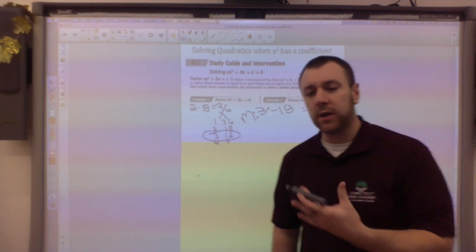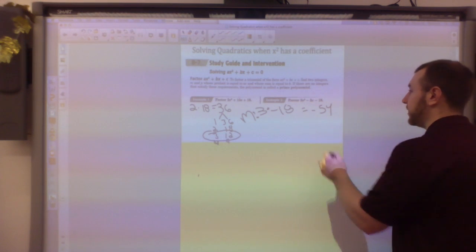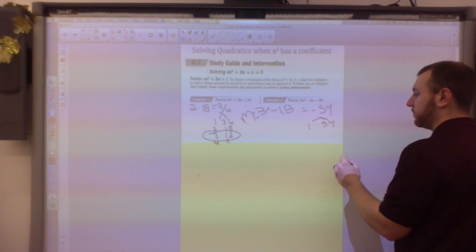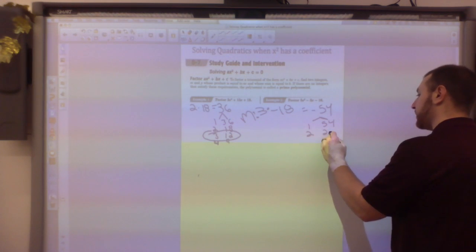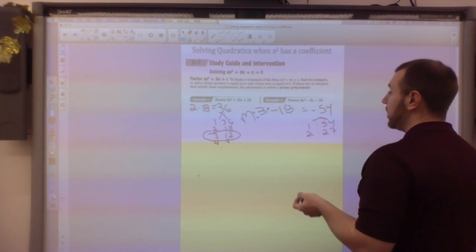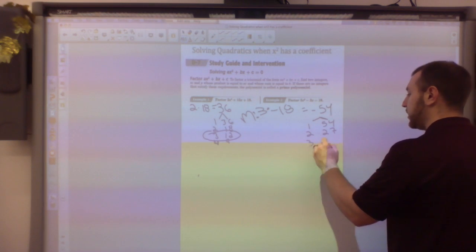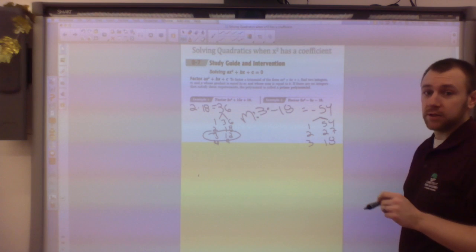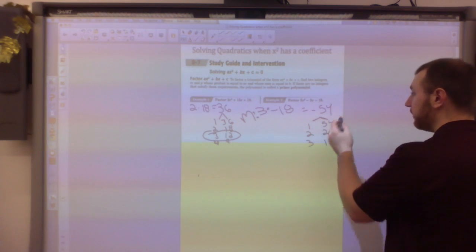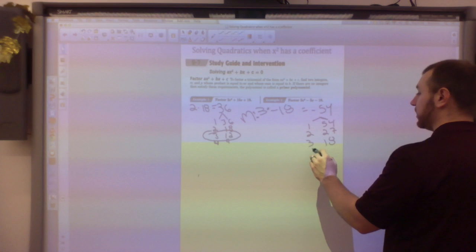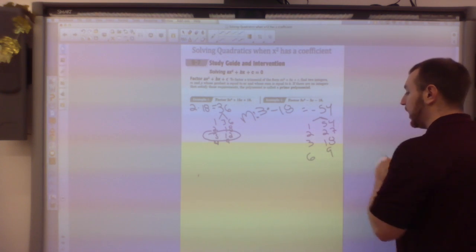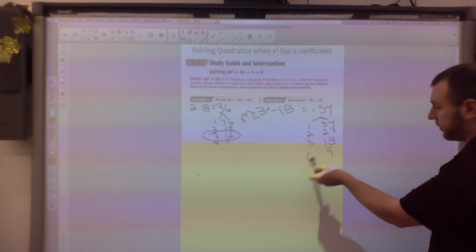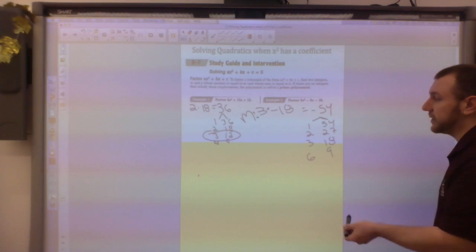Now I figure out what numbers are going to multiply to negative 54. Well, there's 1 and 54, 2 and 27, 3 and 18. 4 does not go into it evenly, 5 does not go into it evenly, 6 and 9. 7 doesn't go in, 8 doesn't go in, 9 we already have. So this is my list of factors.